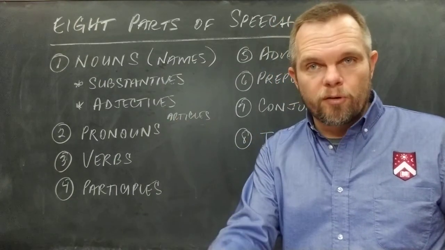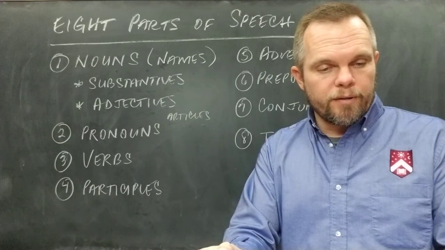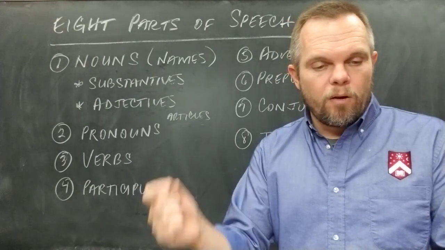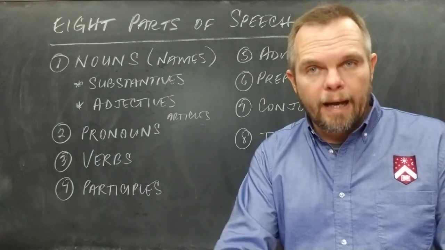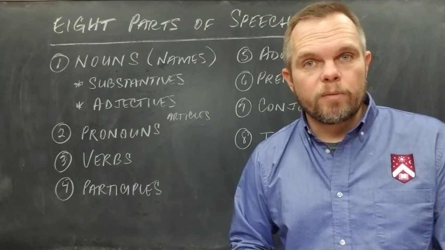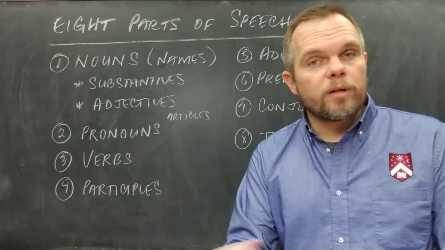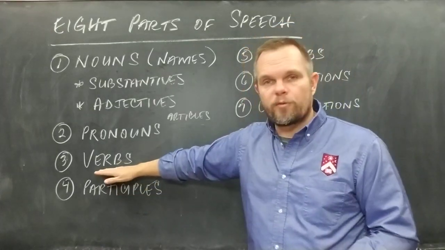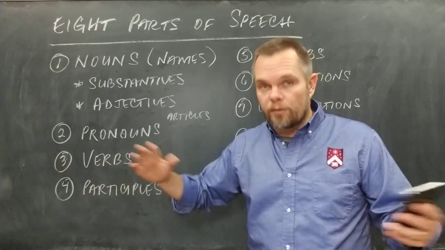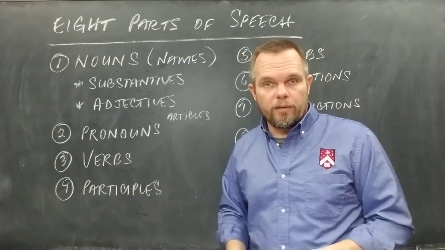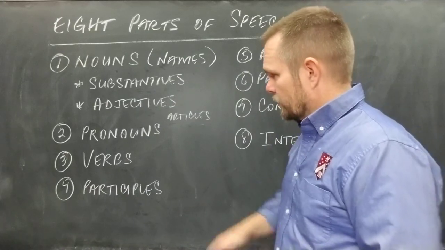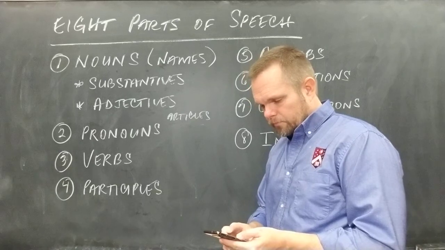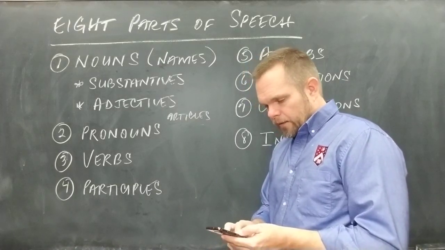There must be a word that expresses that a subject does something or is something or has something done to it. If there's no such word, there is no speech, there is no sentence. And so it makes sense to refer to this part of speech as the word, the verb of the sentence. Okay? That's the third of the parts of speech, the verbs.